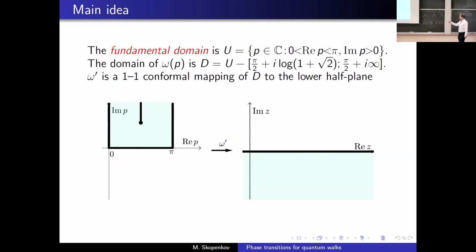This way, we get so-called domain D, which is the natural domain of definition for our function omega prime. And the key observation is that this function omega prime is actually a one-to-one conformal mapping of the left domain to the lower half plane.